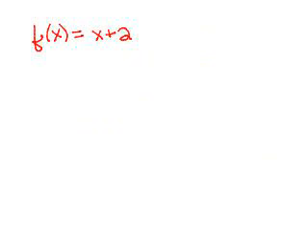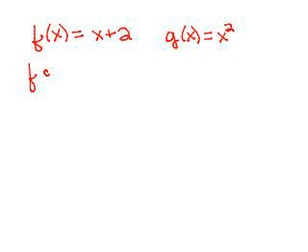And let's say g of x is x squared. All right. Well, let's do this composition first of all. Let's do f composed of g is what we want to look for.